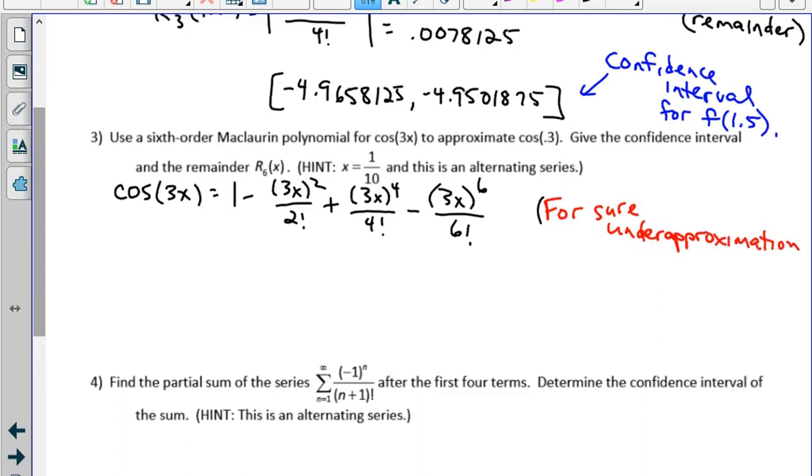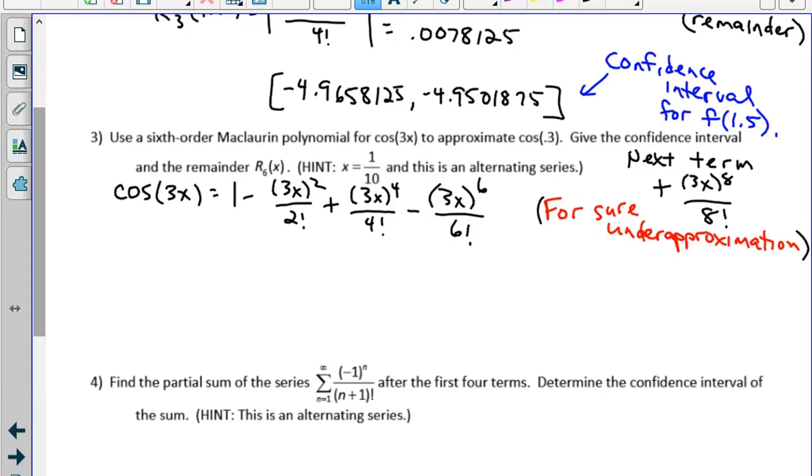And the reason that I know that for sure is because the next term is going to be positive (3x) to the eighth over 8 factorial. And because I'm going to add the next term, whatever I get for the sixth order is going to be under what the actual value of cosine of 3x is at whatever value of x we have.